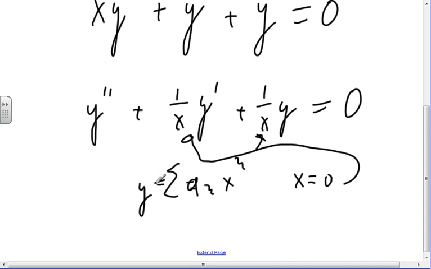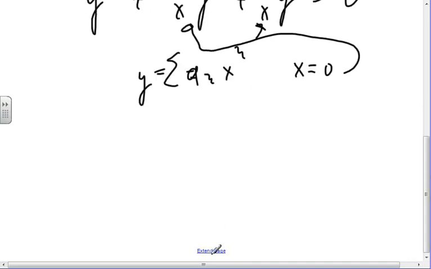So this expansion, y is equal to the summation of a_n x to the n, is about x is equal to 0. So it's good plus or minus a little bit from that point, maybe up to 10, maybe up to 20, maybe up to 30. We don't do those calculations, we don't really know. But now I've got a singular point.